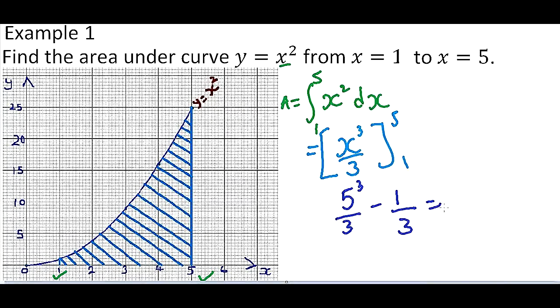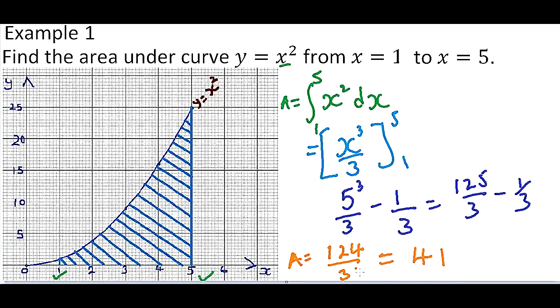So this is 125 over 3 minus a third, and that should give us 124 divided by 3. So this is the area, and you can also write it as 41.